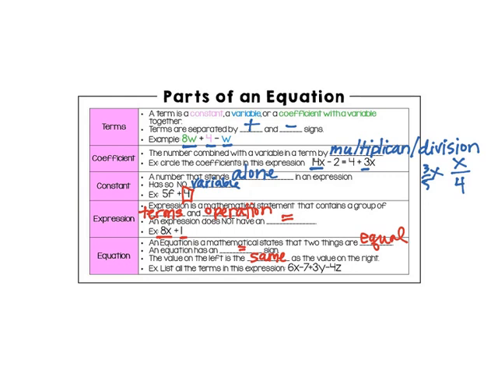A better example, let me mark this out and give you an example. So for example, we might see something like 4x plus 3 is the same as, or equal to, 5 minus 2x. Okay, where these two expressions are set equal to one another with this equal sign. Okay, and again, on this part, we're not going to be asked to solve. Here, we're just writing the equations.